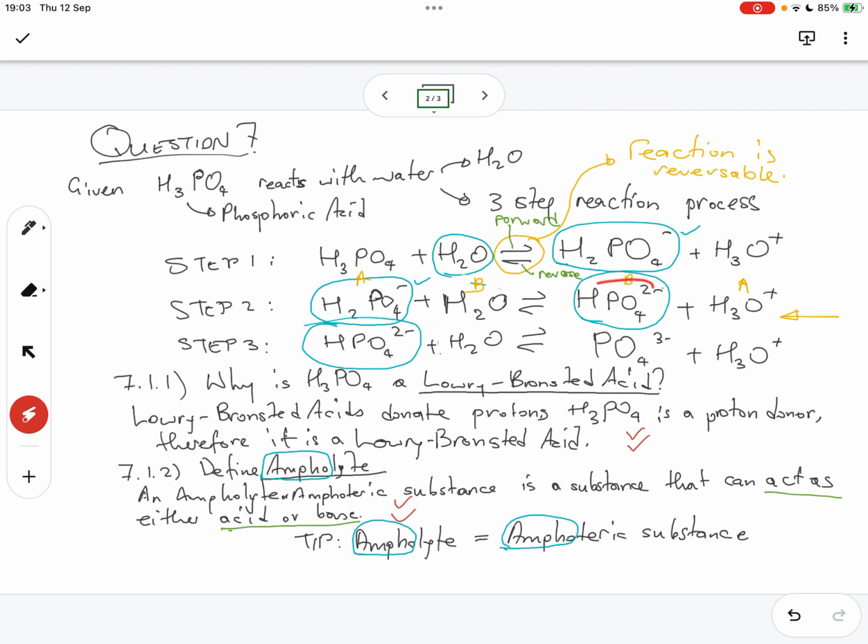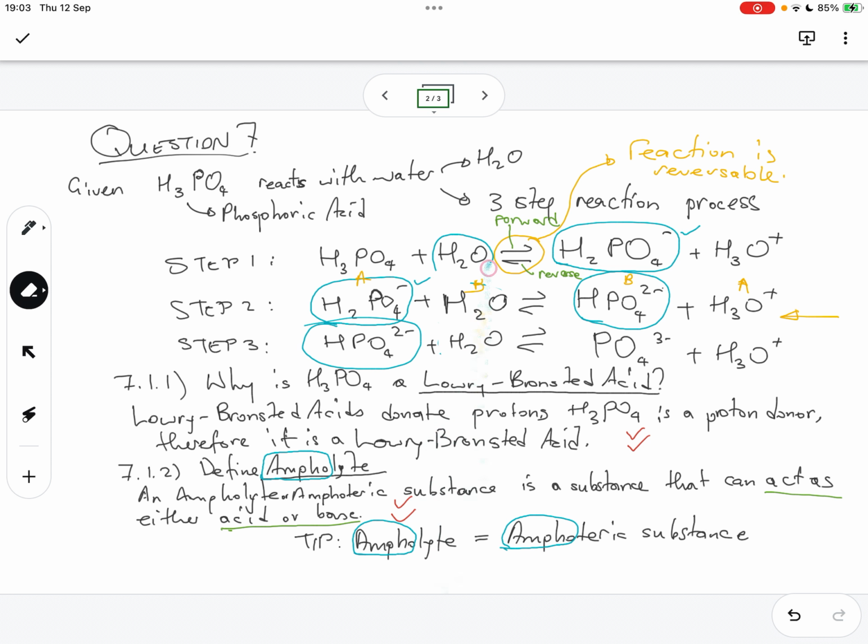And again, this one, because there's a reverse reaction, will become a base to that acid to give us these reactants. But now going to step 3, it then becomes the acid to react with water. So these two play 2 roles, and these two also play 2 roles.